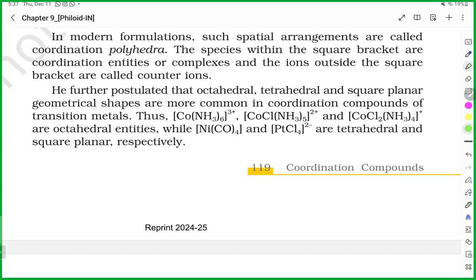Wait, primary valency is satisfied by, I don't remember, neutral? No, no, no, only negative ions. Okay, only negative ions.